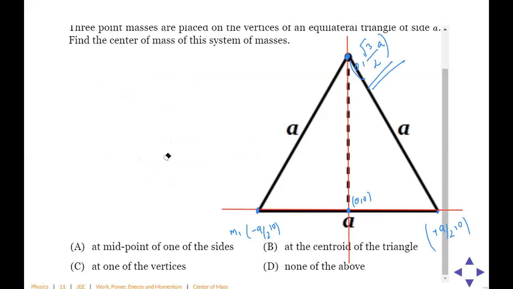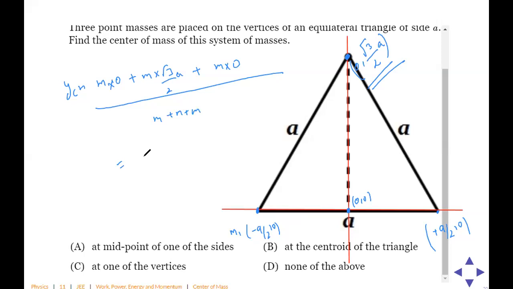right? So let us take the YCM. Now YCM is what? Same. M into Y1. What is Y1, guys? 0 plus M into Y2. So M into root 3 by 2A plus this M into 0, divided by M plus M plus M. Which is what?